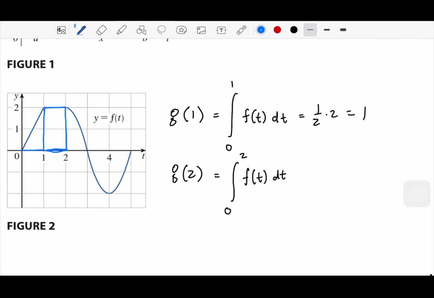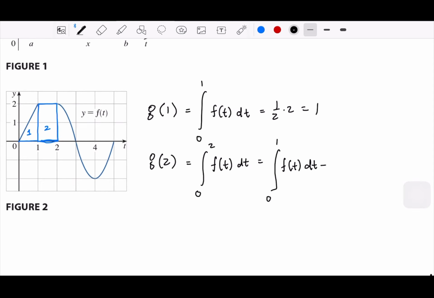So we add the first area and the second area: plus (1 plus 2) divided by 2 multiplied by 1, so it should be 3.